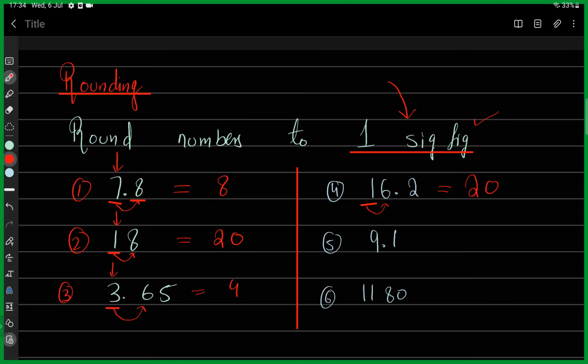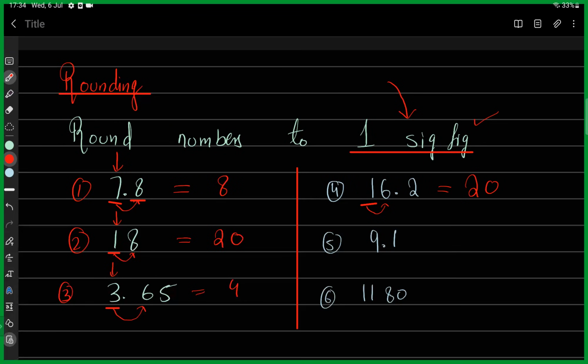Okay, Umaiza, now listen to me once again. 16.2 was a number, and the question clearly says round numbers to one significant figure. Some of you said when we round off 16.2 to one significant figure, it would be 16. But we have just discussed significant figures and we know that 16 has two significant figures.